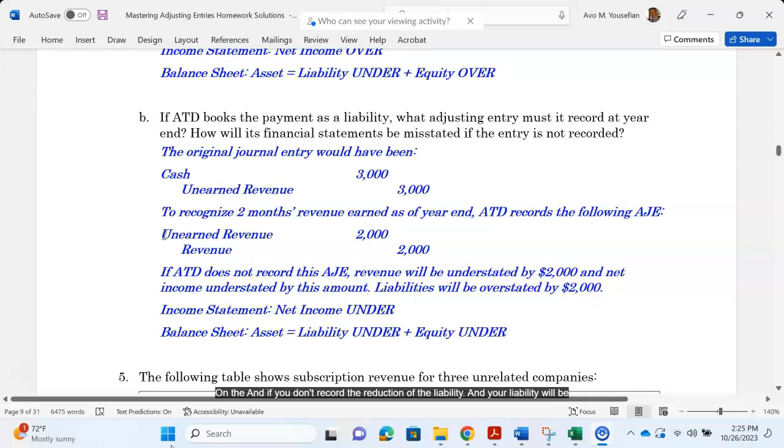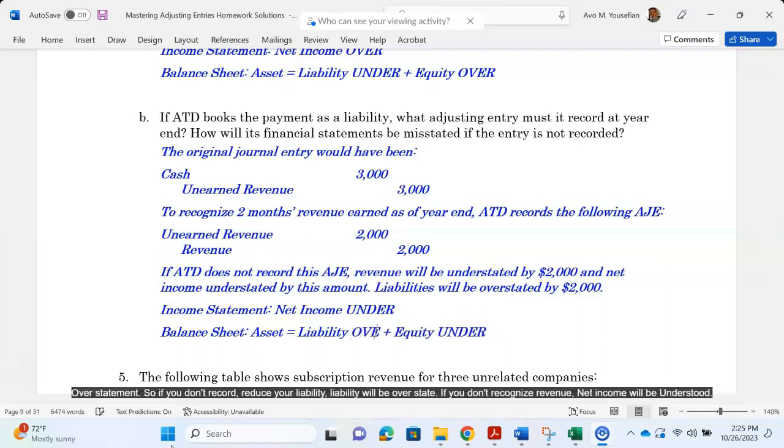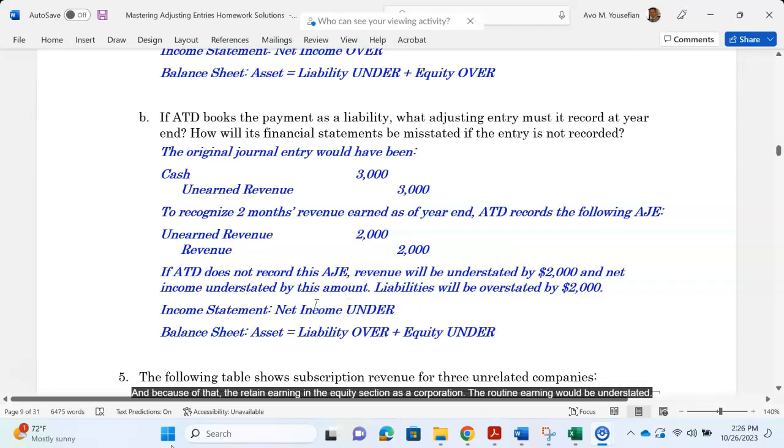And if you don't record the reduction of the liability, then your liability will be overstated. So if you don't reduce your liability, liability will be overstated. If you don't recognize revenue, net income will be understated. And because of that, the retained earning in the equity section as a corporation will be understated. Questions?